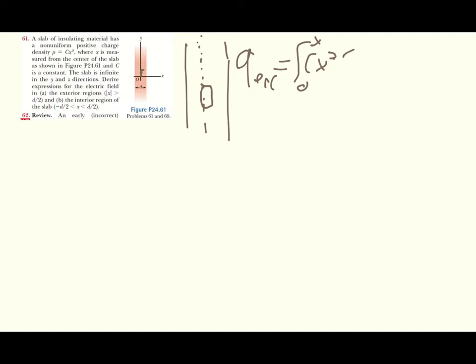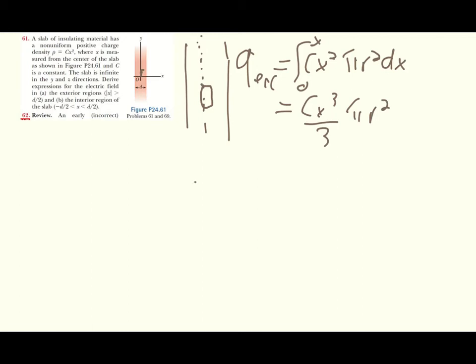It's still going to be pi r squared, and it's still going to be dx because that's going to be the thickness of our container for each layer that we grab as we go from 0 to x. We're going to get the same kind of thing: c x cubed over 3, times pi r squared.